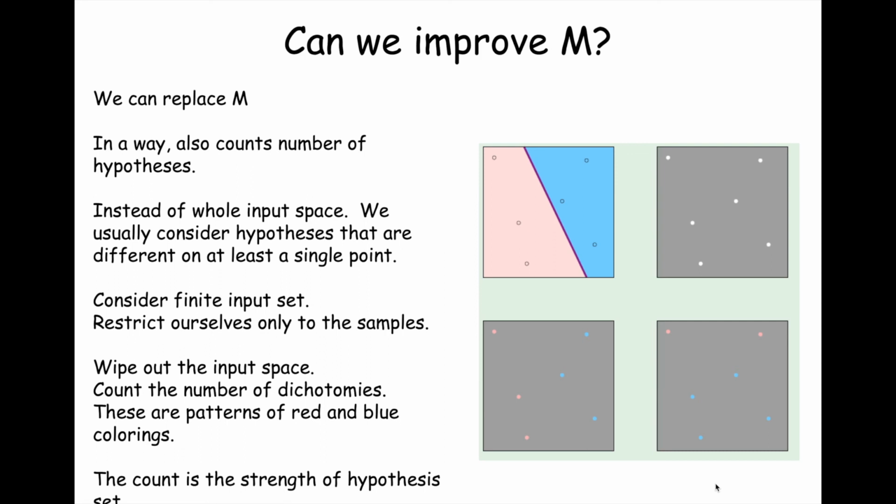And now certainly, if we can draw a hypothesis that's perfectly horizontal, we can also draw one that's a little bit tilted, a little bit tilted, a little bit tilted. And for that uncountably infinite number of hypotheses, we're only going to count once, right? We're going to count it in terms of that labeling where we have -1s, the pink coloring, for the top 2 points, and we have +1 for the bottom 4 points.